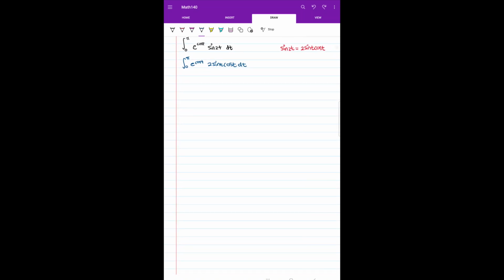Okay. And what I like to do with our problems, well, I say let k equal cosine t. Now, why am I using k? Because we still have to apply the integration by parts technique, and we have to use u. So it's going to get less confusing if we use different variables.